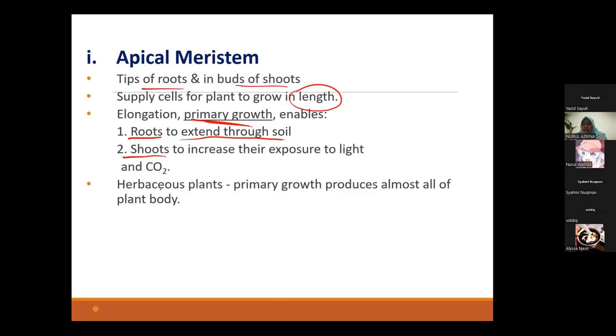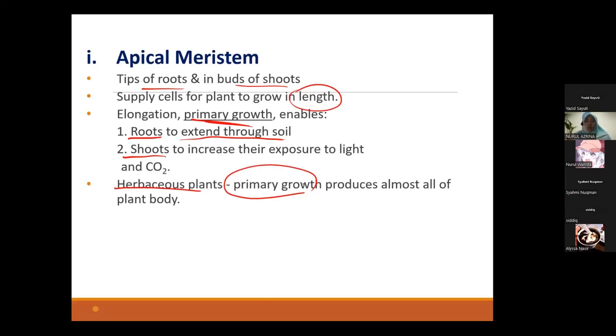But for herbaceous plant ni kita panggil macam tumbuhan-tumbuhan renek, ataupun tumbuhan-tumbuhan herba. Tumbuh-tumbuhan renek like kangkung. So kangkung we call as herbaceous plant or non-woody plant, tidak berbatang. So for herbaceous plant, the primary growth happens to the entire body.